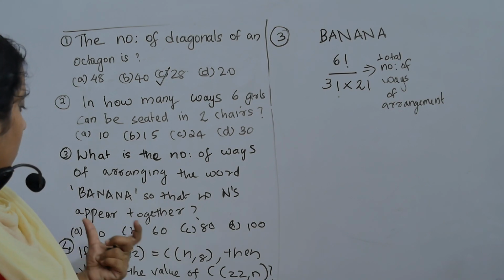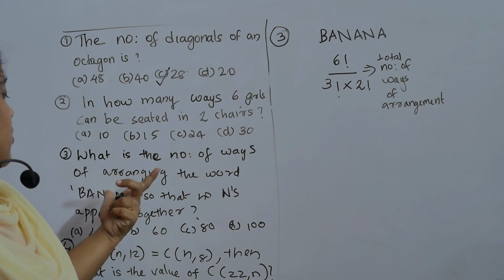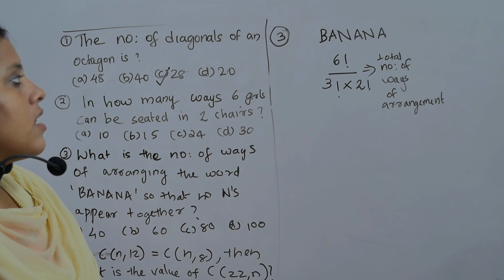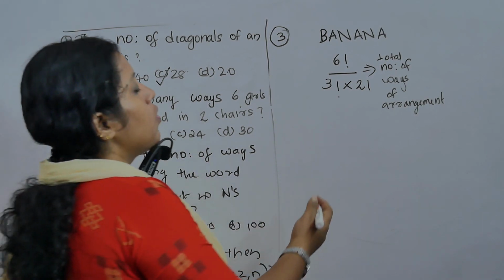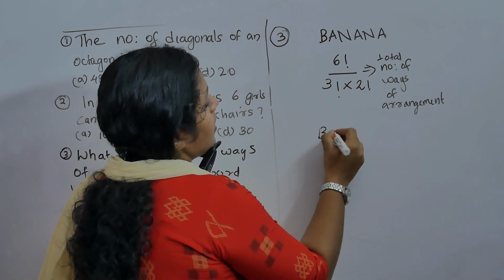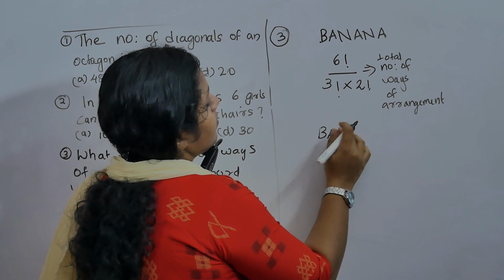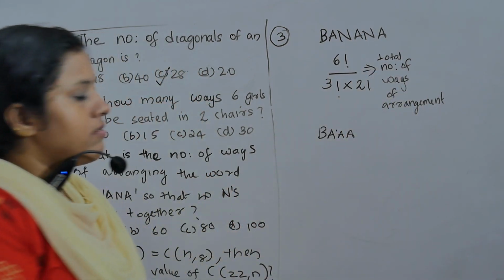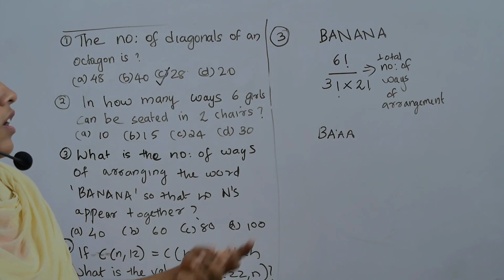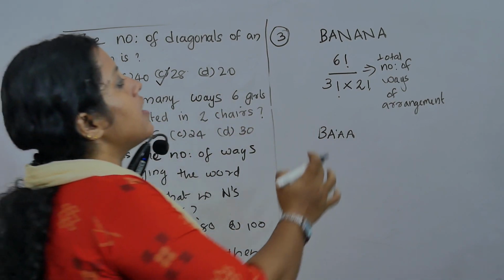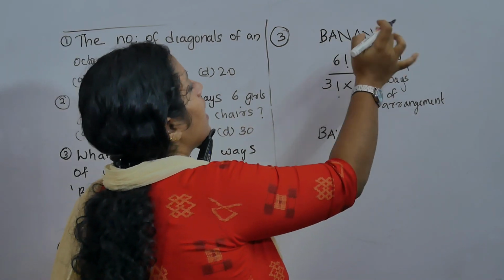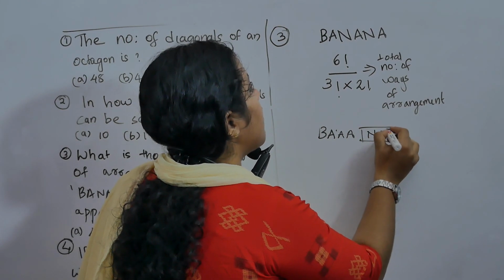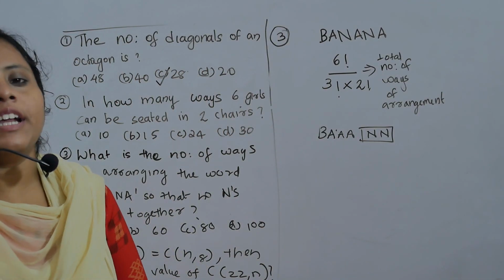Now next, N's should not appear together. So that means we'll see in how many words N's are coming together. What you need to do is just take B-A-A-A, and N we are taking as a single letter. That means we are considering N's appearing together.